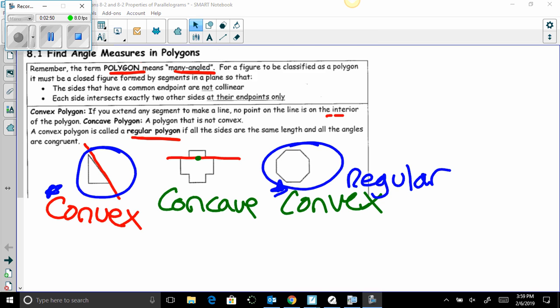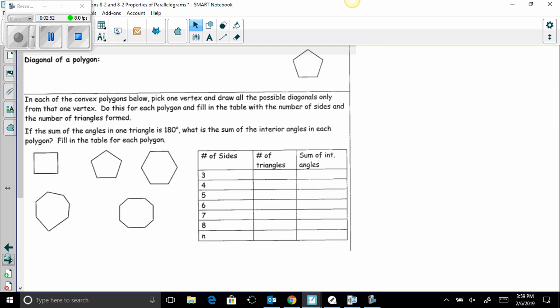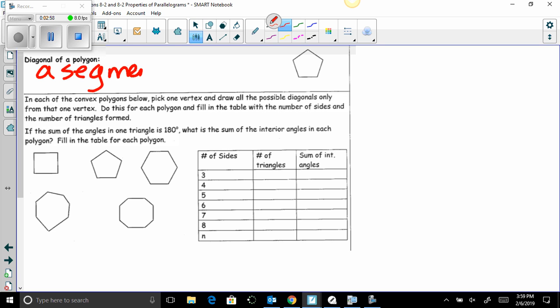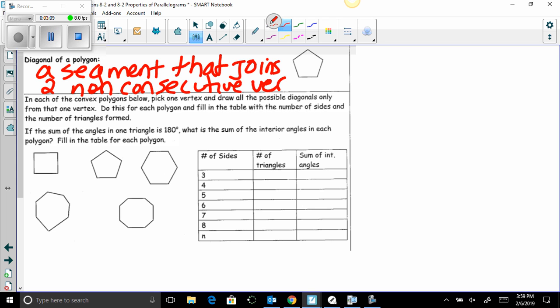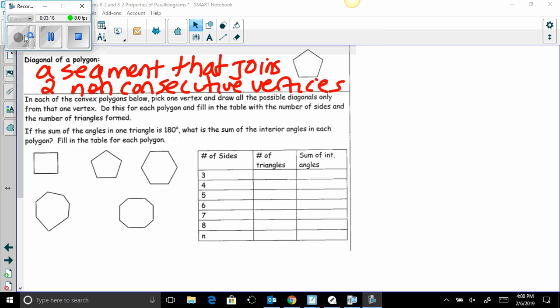All right, let's move along to the next. The diagonal of a polygon is a segment that joins two non-consecutive vertices. So if I look at this polygon to the right here, let's see how many diagonals I can get.